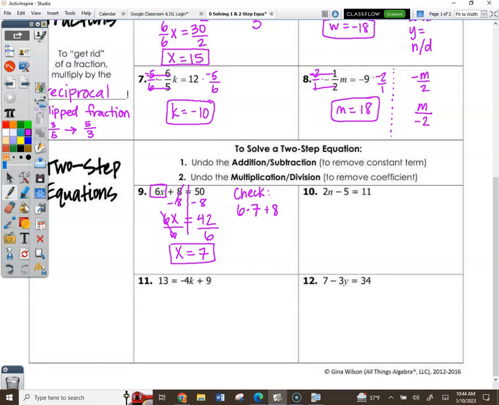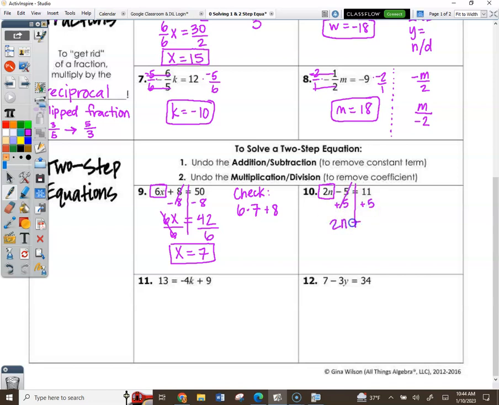All right, number 10. 2n minus 5 equals 11. We've got the term 2n here. We've got to get it by itself before we can actually move the 2. So what's got to go first? The minus 5 is going to go by adding.